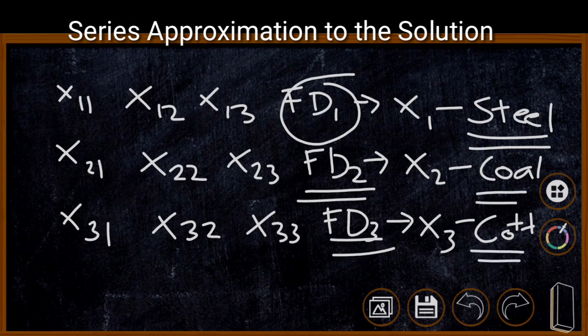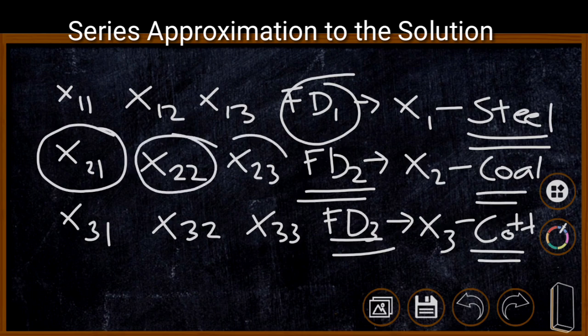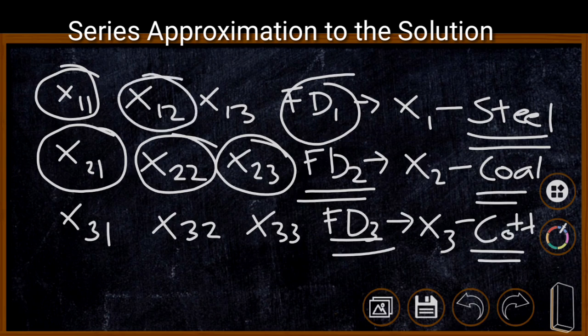That is, there is a component of steel in this x21, this x22, this x23, and similarly there is a quantity of steel in x11 because they are using their own input here also. It means that the total quantity of steel can be measured through a series approximation solution.